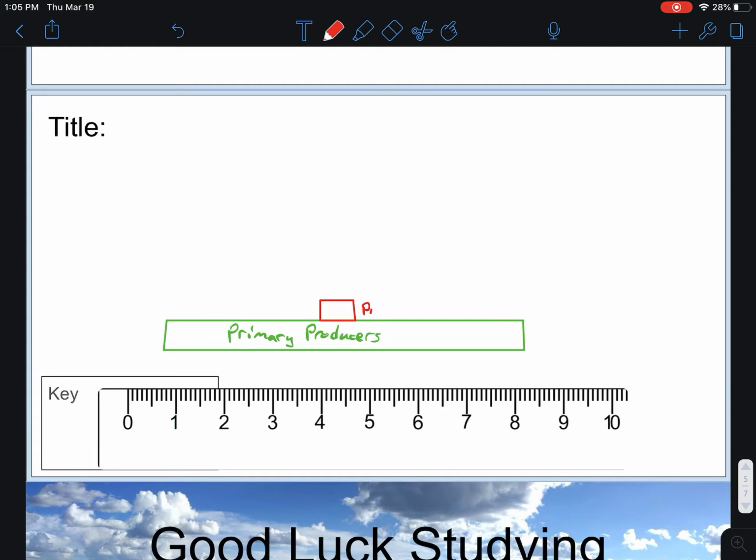You want to center that, and these are your primary consumers.